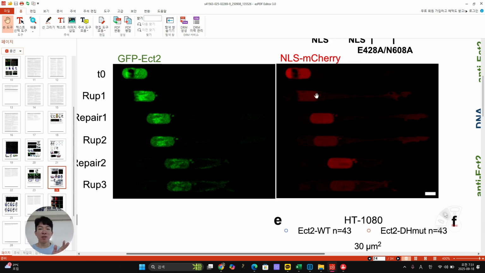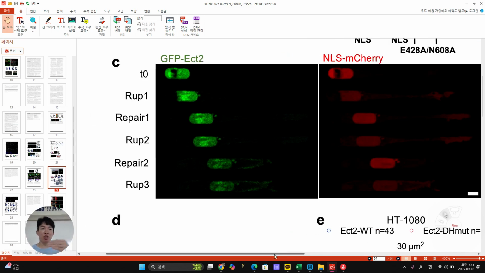And then compared to this, they try to go back to the increase of intensity, which is called repair. But still some part here. But then this high level goes down again, and it is more localized outside of the nucleus, and then goes back again. Depending on this NLS mCherry nucleus intensity level and cytoplasm level, they can determine this rupture, repair, rupture, repair.